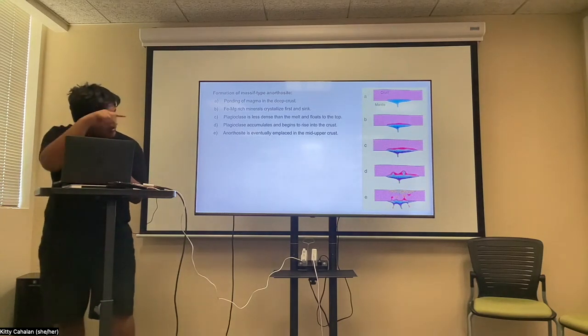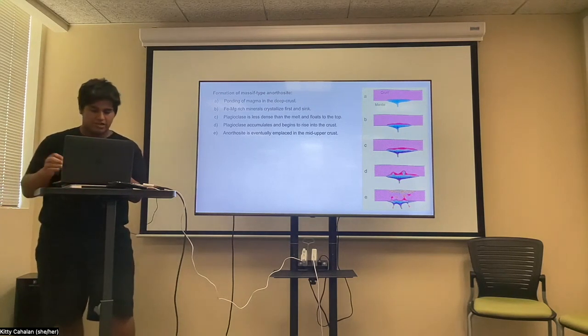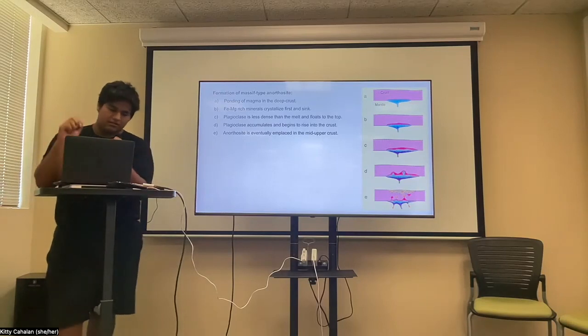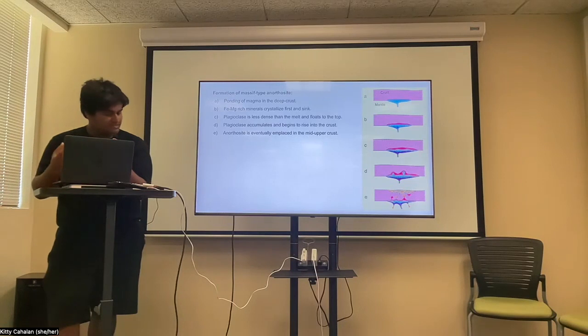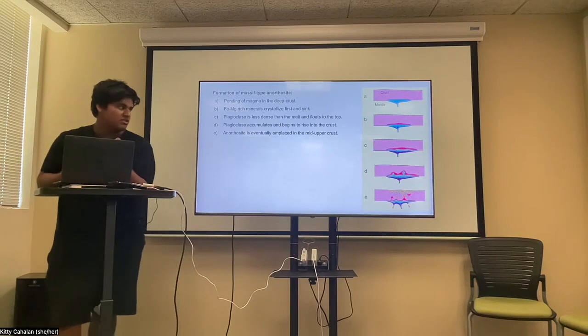In A, magma accumulates in the deep crust, and then iron- and magnesium-rich minerals crystallize first and sink. In C, plagioclase is less dense than the melt, so it floats to the top. In D, the plagioclase accumulates and begins to rise into the crust, where in E, the anorthosite is eventually in place in the mid-upper crust.